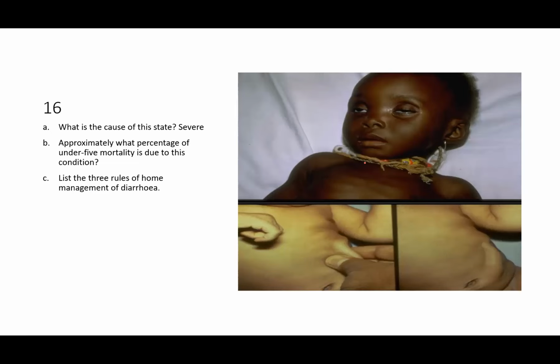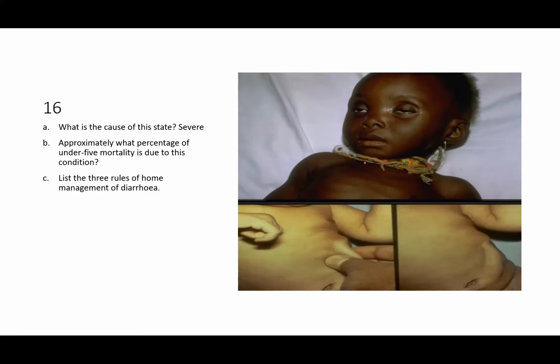You have prominent ribs. They have loss of skin turgor. You can see how the skin of the belly of this child is pinched and there is loss of turgor. It is not returning to its previous state after pinching. So this is loss of skin turgor.